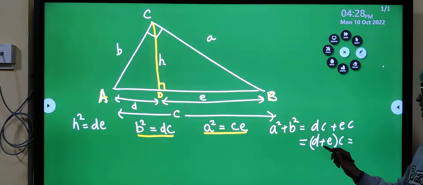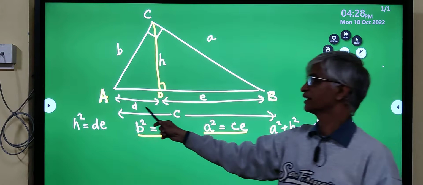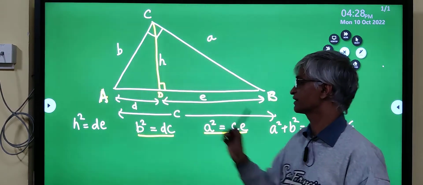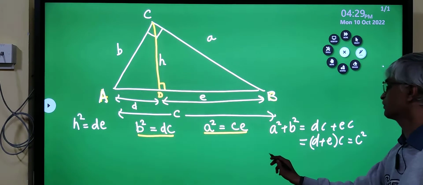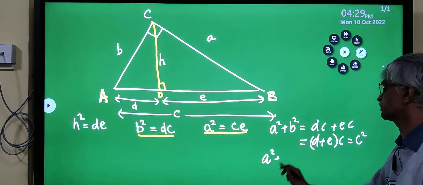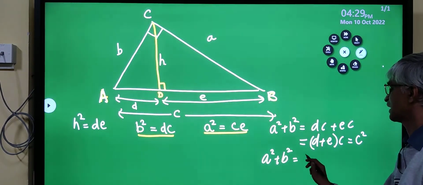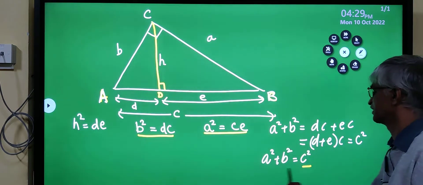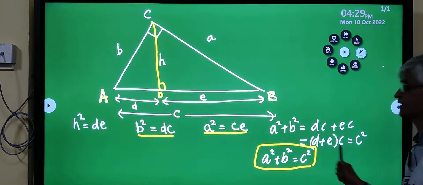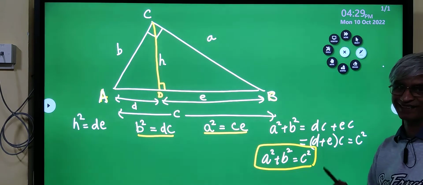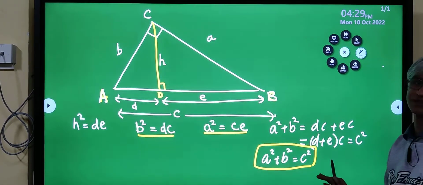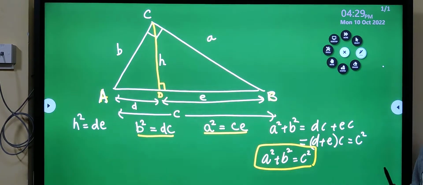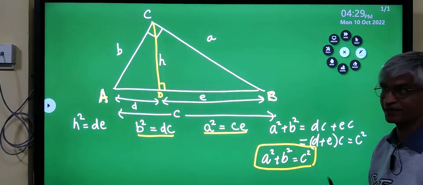And note from the picture that D plus E is C. So this is nothing but C square, and we got a proof of perhaps the most powerful and interesting theorem in elementary geometry, which is Pythagoras theorem. So here you see that similarity is giving us a proof of the Pythagoras theorem, and I think you will instantly agree that this is quite sensational.